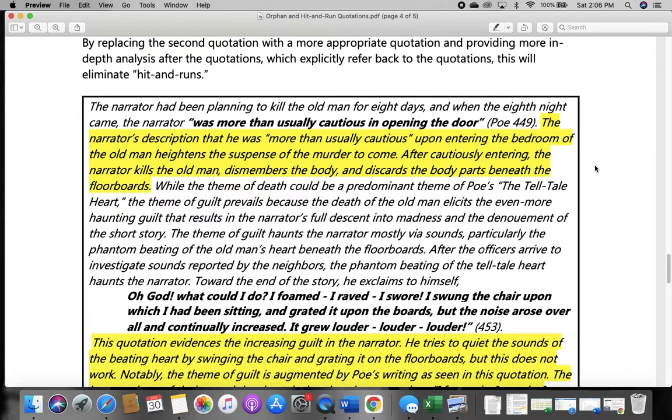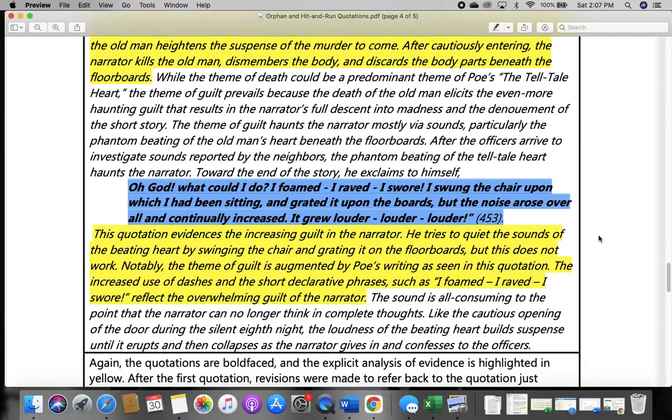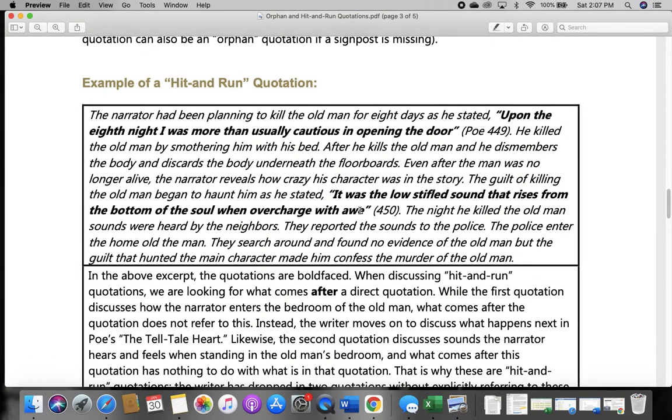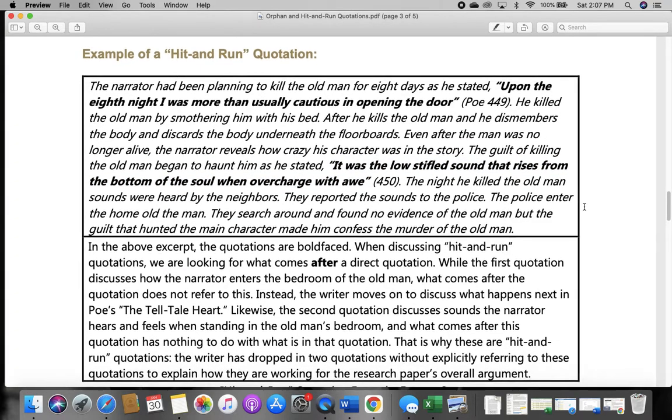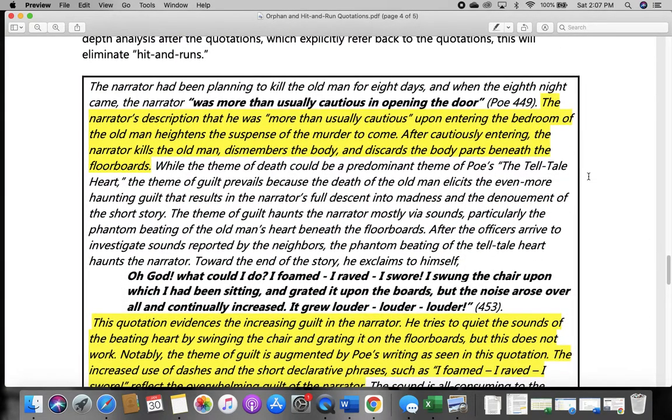You could also see that I added a different second quotation than the one that was chosen here, and that's because I was not convinced that this was the proper quotation, an appropriate piece of evidence to bring in.